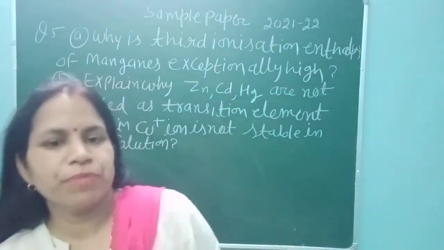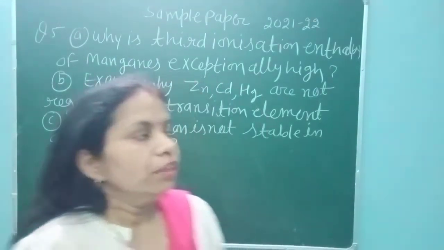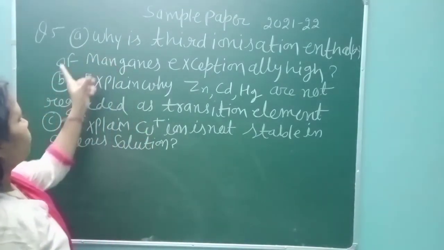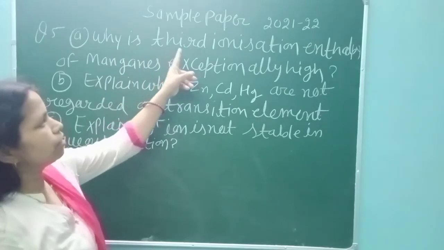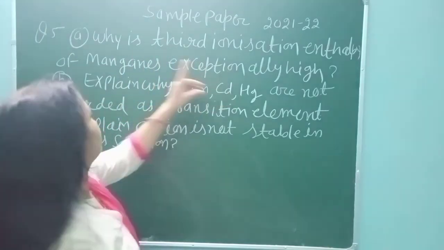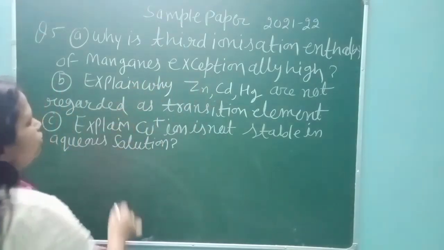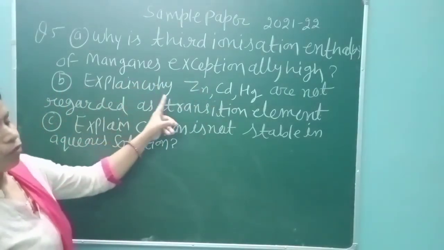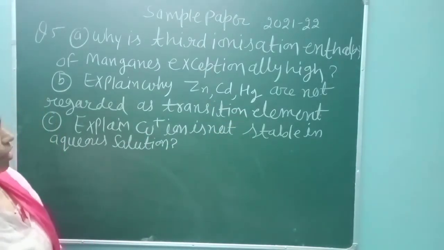Now question number 5. Let's see, A, B and C, there are 3 parts. A: Why is the third ionization enthalpy of manganese exceptionally high? B: Explain why zinc, cadmium, Hg are not regarded as transition elements.